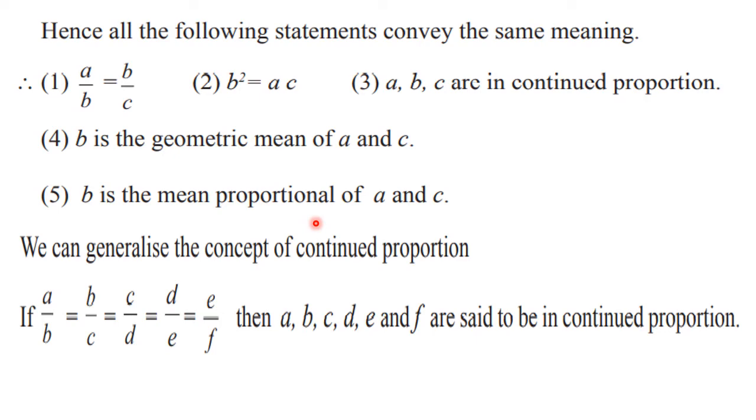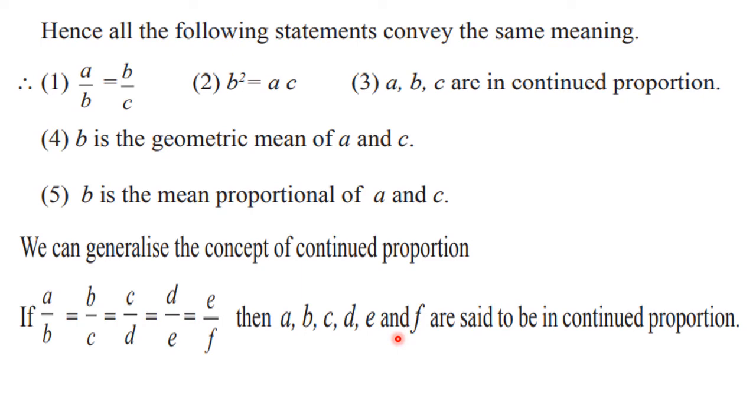So here, as I have said, the geometric mean concept, we can add more ratios here. So this concept is generalized for n number of ratios. So if we have A upon B is equal to B upon C is equal to C upon D is equal to D upon E is equal to E upon F, all these are said to be in continued proportion.